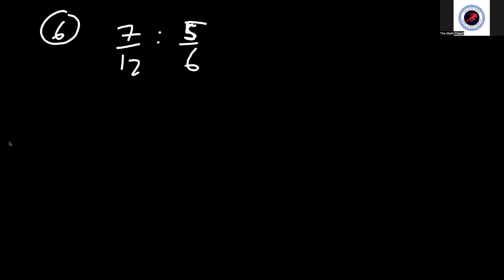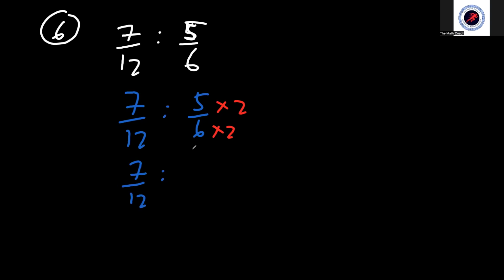So we should keep 7/12 as it is, and the 5/6 we should multiply top and bottom by 2 to make the denominator 12. Why did I do that? Because then we can simply cancel off by multiplying both sides. I will show you how to do it. So 7/12 is to 10 over 12.